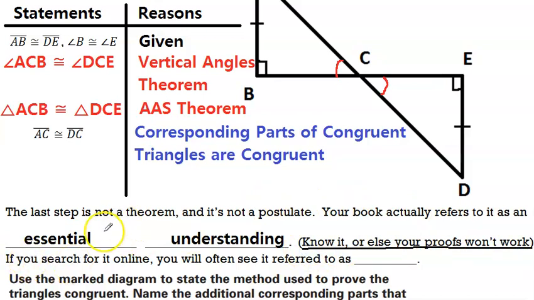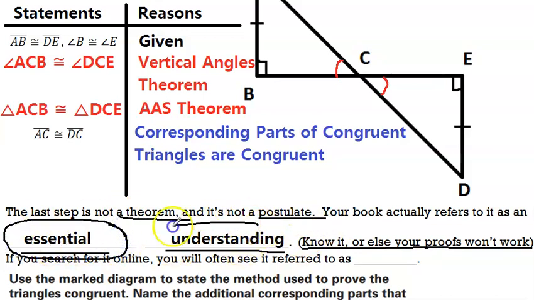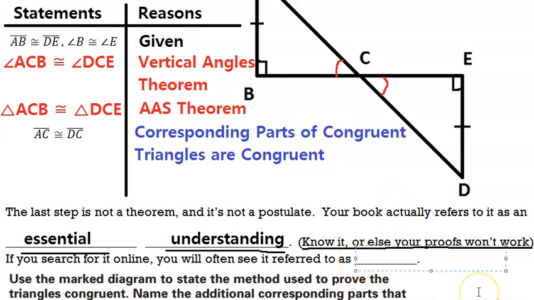But again, don't worry about this phrase. Don't think you have to memorize this phrase. My point is, it's not a theorem, it's not a postulate, it's not a property, it's just something you need to know. It is essential for you to understand what we just wrote. And I get that it was wordy, which is why people in the geometry world have decided we should just abbreviate.